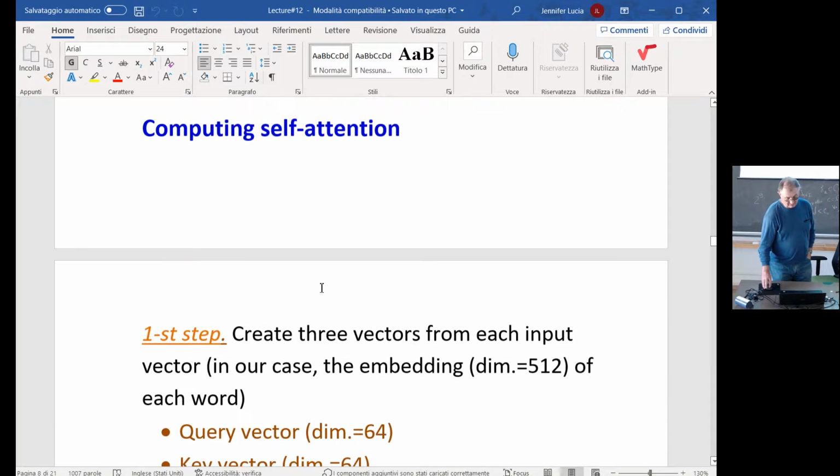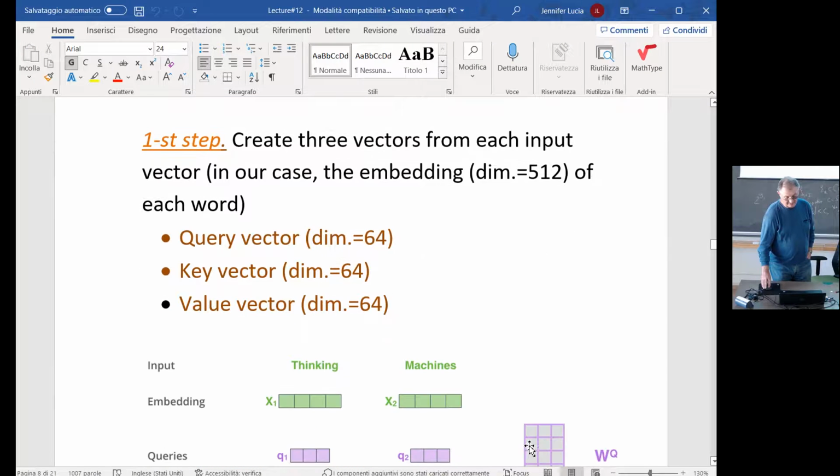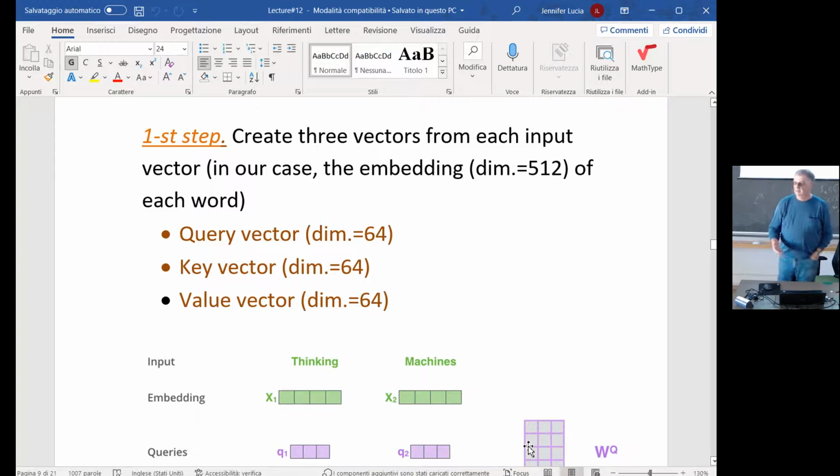So, how to compute the self-attention? It should compute some numerical characterization of the word which entered in our analyzer, in our neural net. So first step is the following. Create 3 vectors from each input vector.